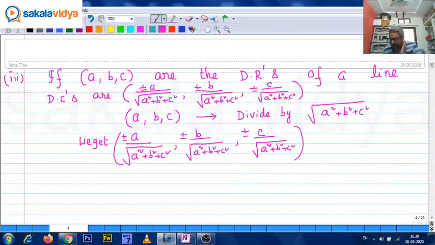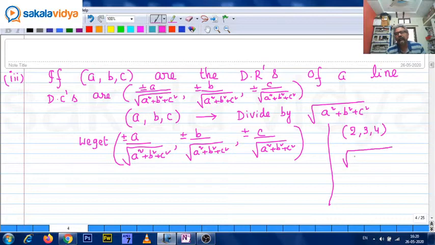Okay, so for example, if the direction ratios of a line are 2, 3, 4, how do we find the direction cosines? You need to divide by root of 4 plus 9 plus 16, that will be root 29.